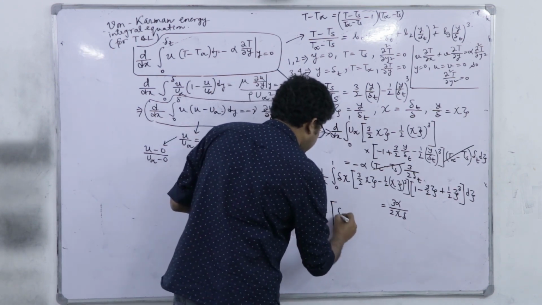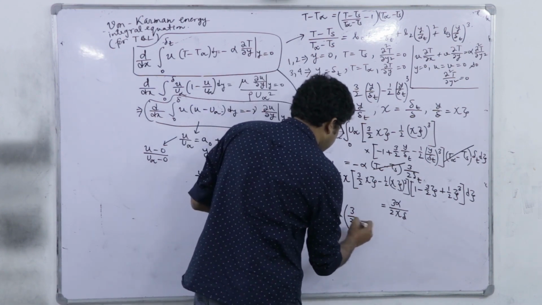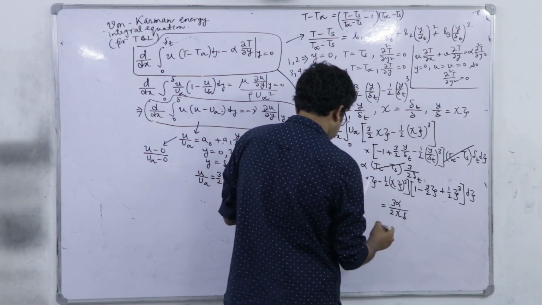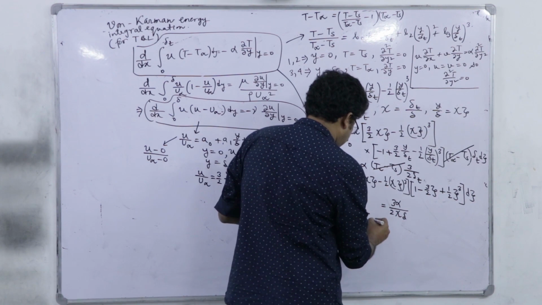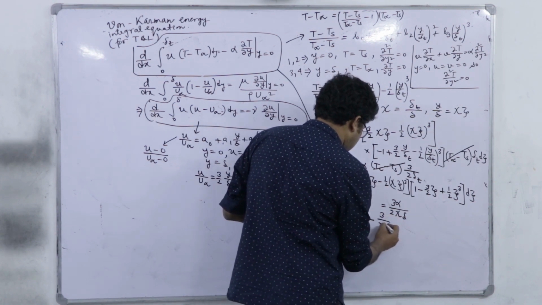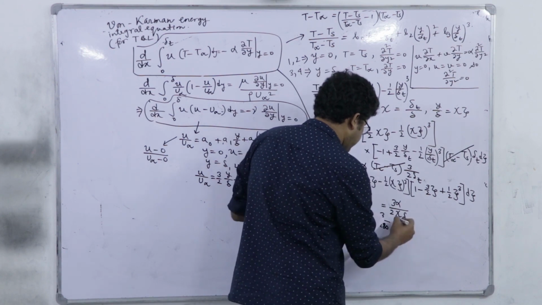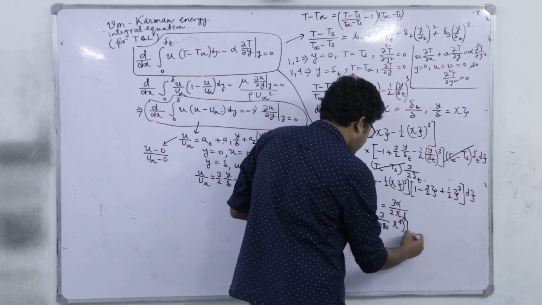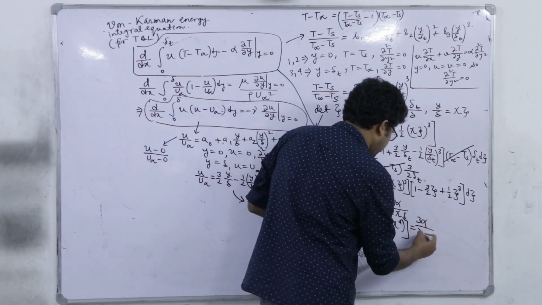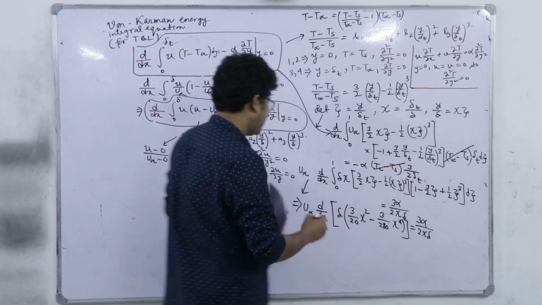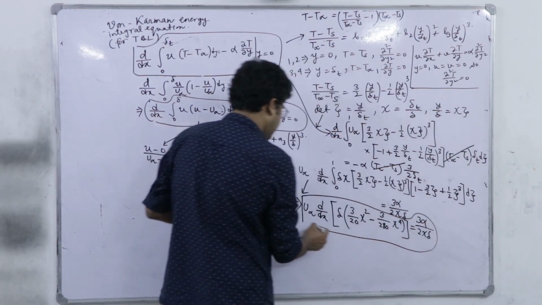I am not doing the intermediate algebra, it is a bit complicated and it is simple integration. So, we can leave it, right, minus 3 divided by 280 chi to the power 4, and that is equal to 3 alpha divided by 2 chi delta, right. So, here we have reached.